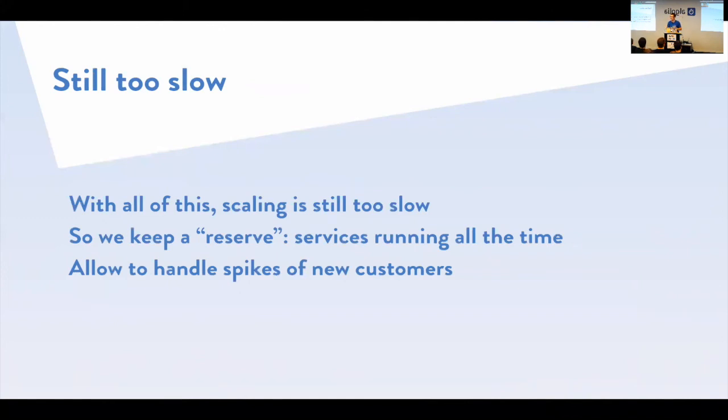So we keep a reserve. That's a service that mimics a small portion of our infrastructure and allows us to handle any new large customer coming in. When I say large customer, it's thousands of machines, right? It's not the average production, but these kinds of customers were quite a surprise at the beginning.